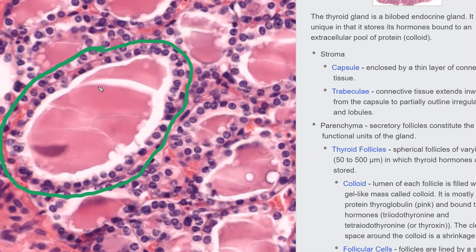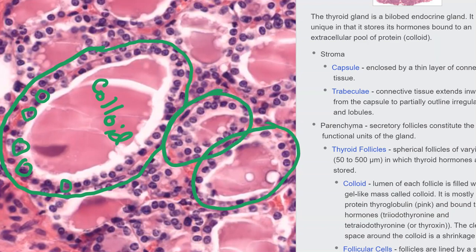You can see it has colloid in the middle, and it has dark purple follicular cells lining the edges. So all of these purple bubbles are follicles.